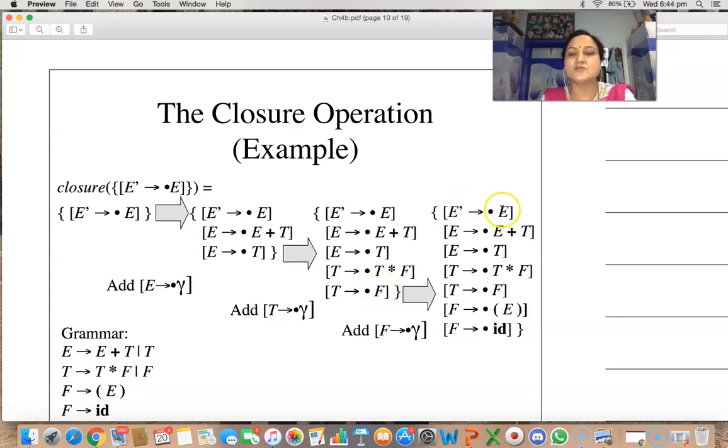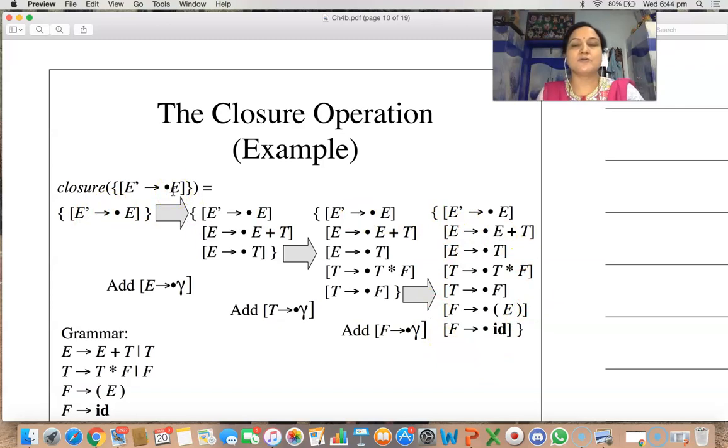So E dash tends to dot E, E tends to dot E plus T, E tends to dot T, T tends to dot T into F, T tends to dot F as usual from the previous step. And then because after the dot F is a non-terminal, we are going to add its productions also. That is F tends to dot E enclosed in the bracket and F tends to dot ID. So this is the whole closure of E dash tends to dot E.